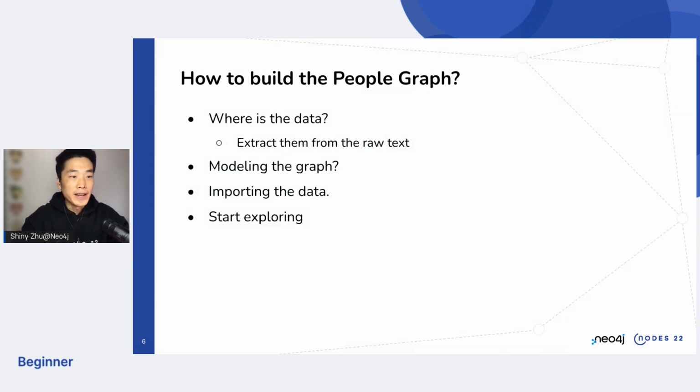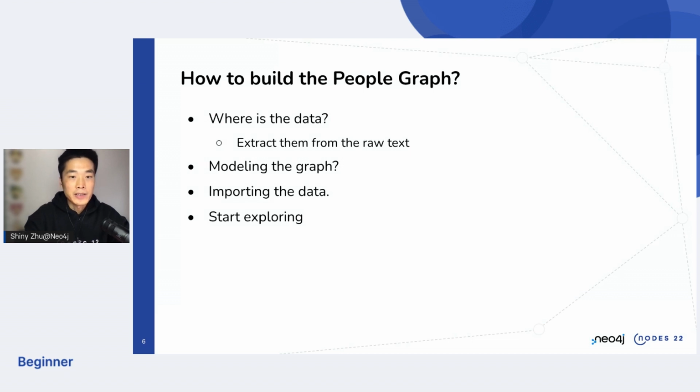So today I will use the raw text to build a people graph. The novel is in traditional Chinese text, and it doesn't look like other data that provides an API or something like that. It's just the raw text.